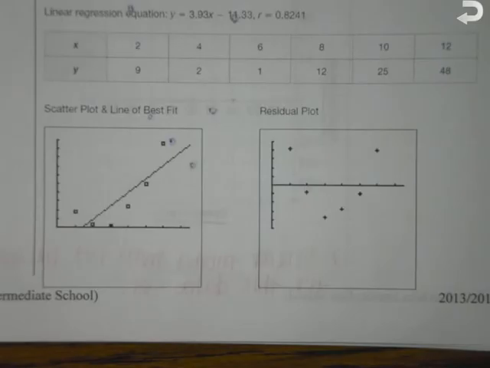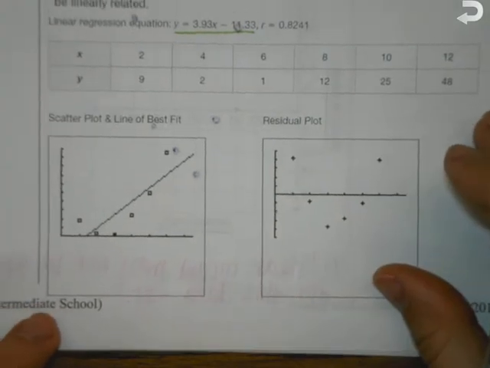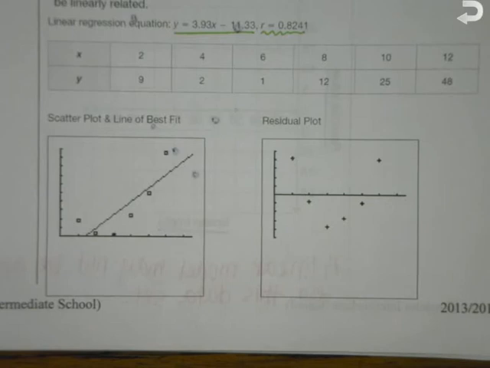Okay, guys, so let's look at this example of data. We have our linear regression equation that they give us. It's y equals 3.93x minus 11.33. So remember, that's our line of best fit for this set of data. They also give us the R value. R is 0.8241.